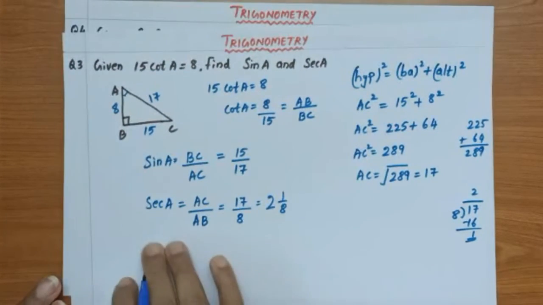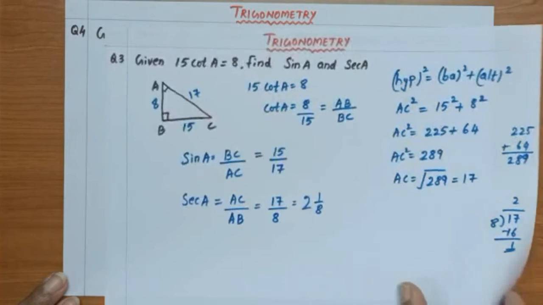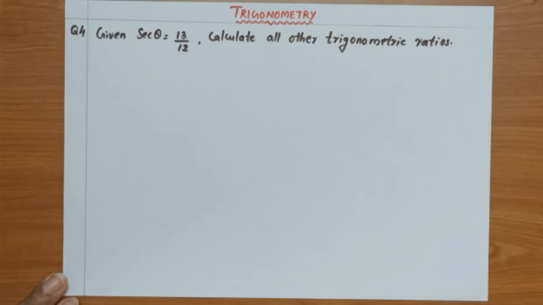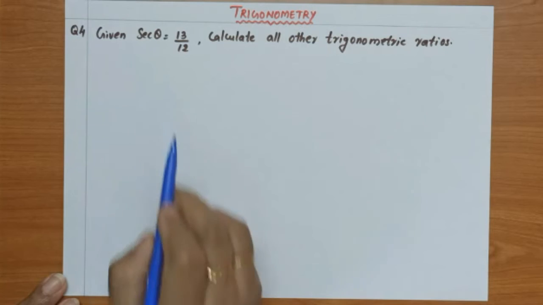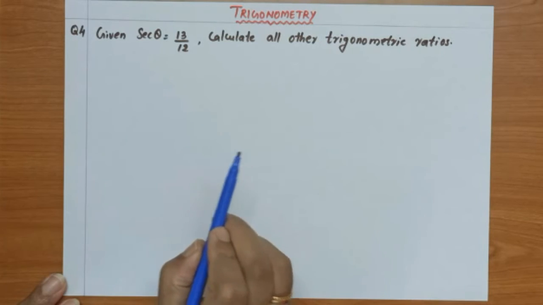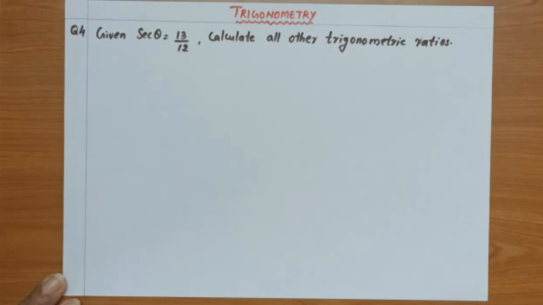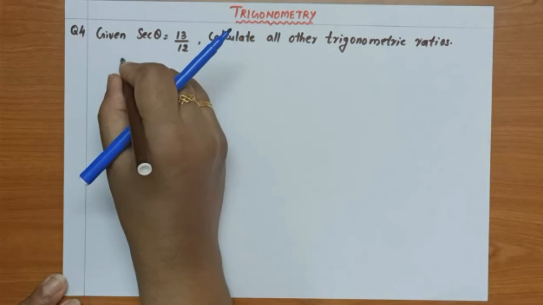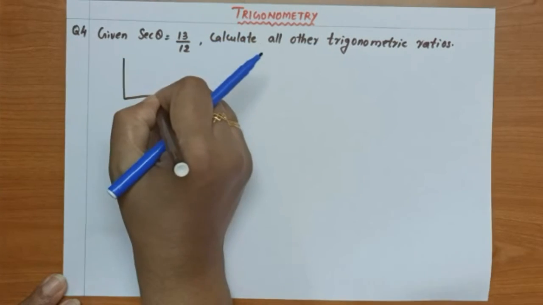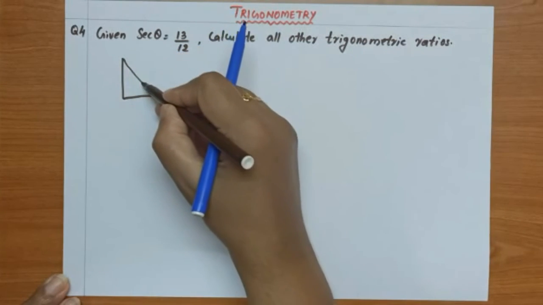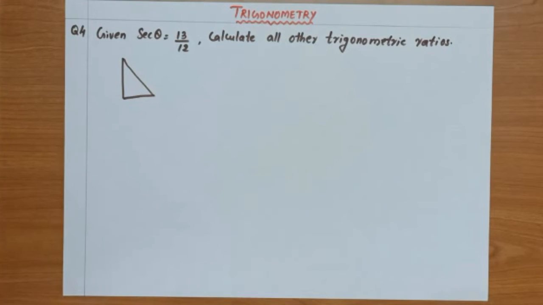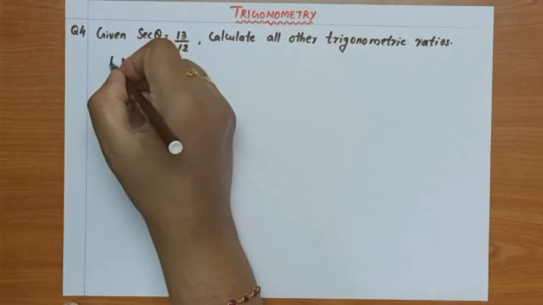Now, question number 4. Given sec theta equal to 13 by 12, calculate all other trigonometric ratios. So we can draw a right angled triangle, right angled triangle ABC.